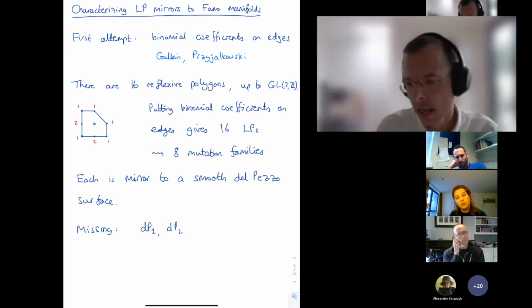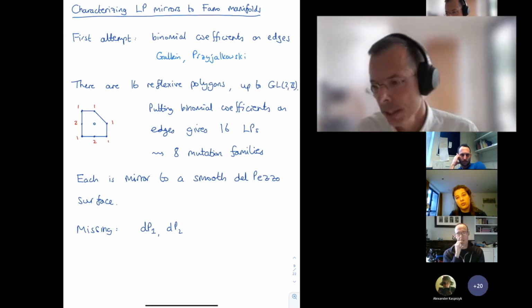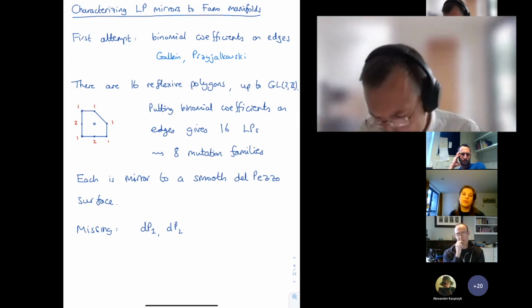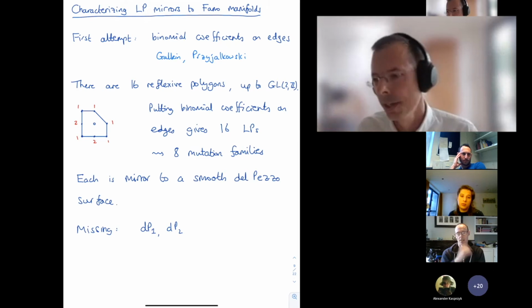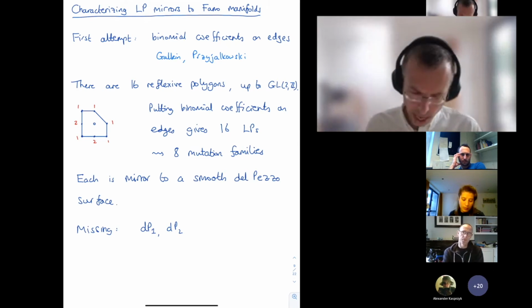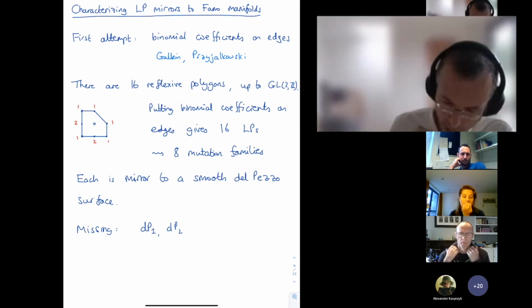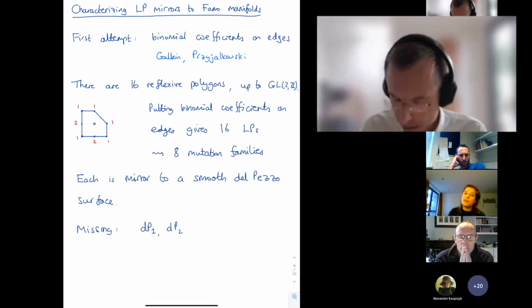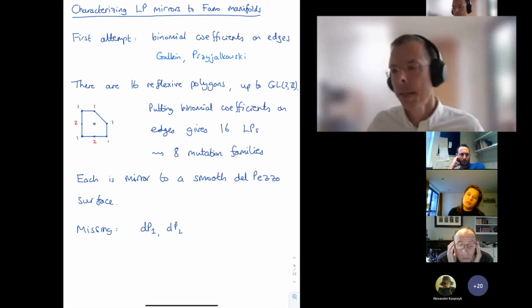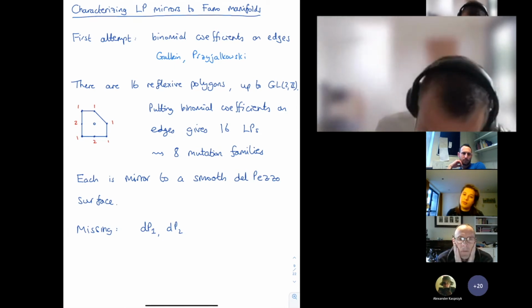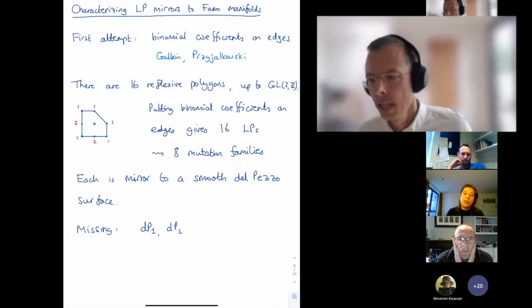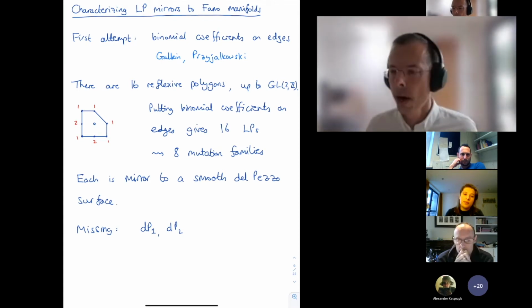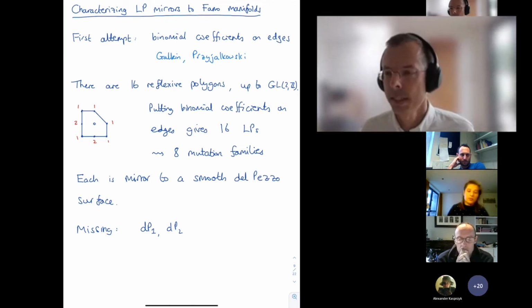As you may know, there are 16 reflexive polygons up to GL2 equivalence. If you put binomial coefficients along the edges of these, that gives you 16 Laurent polynomials. Actually, some of them are mutation equivalent to each other, so you end up with only 8 mutation families. And those do give you mirror partners to 8 of the 10 Del Pezzo surfaces.